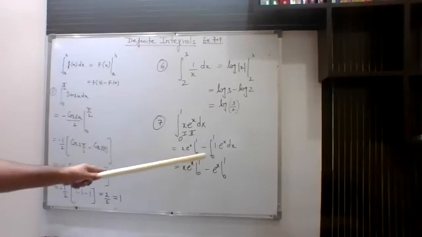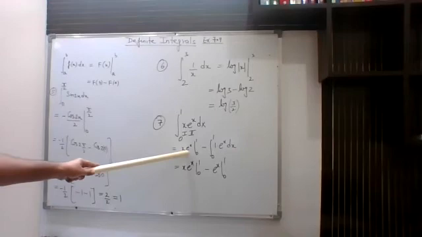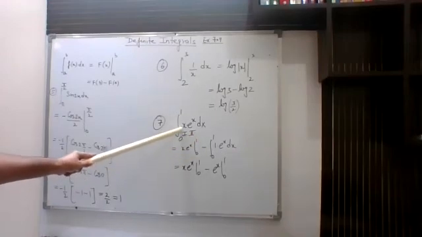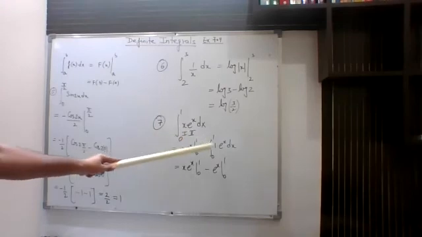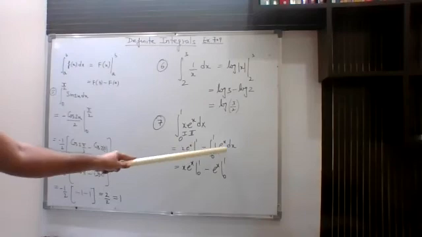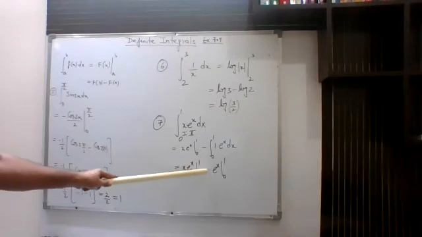So let us apply integration by parts. First function as it is, integration of e^x is simply e^x, limits running from 0 to 1, minus the derivative of x with respect to x is simply 1, integration of e^x is e^x only, and then again we have to take the integral. So finally you will get this as x e^x from 0 to 1, and integration of e^x is simply e^x from 0 to 1.